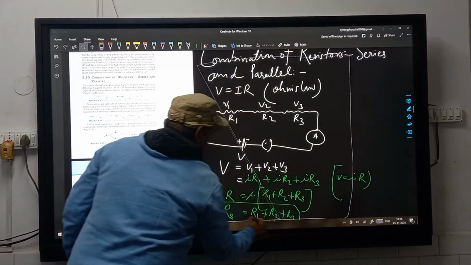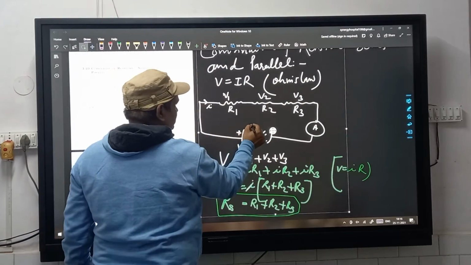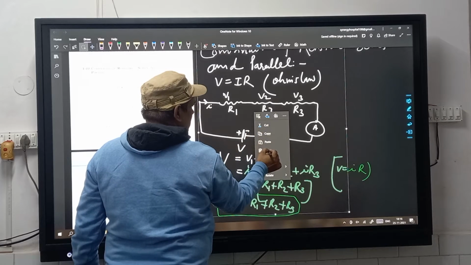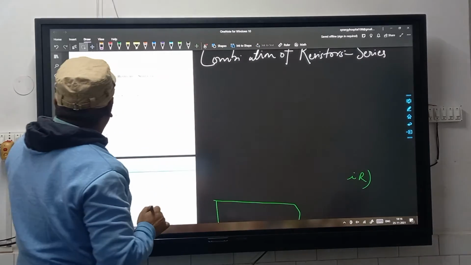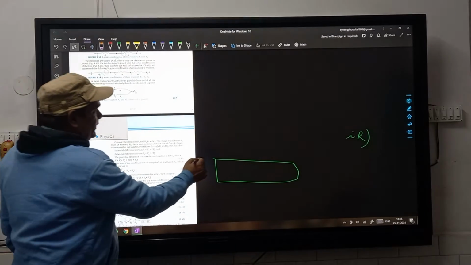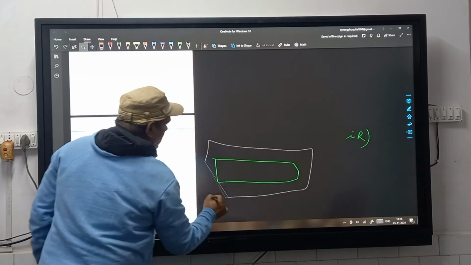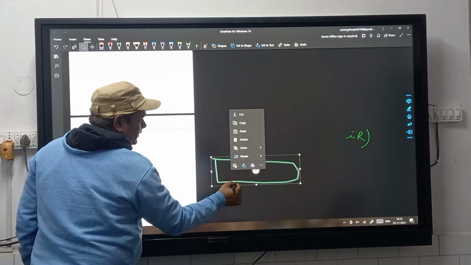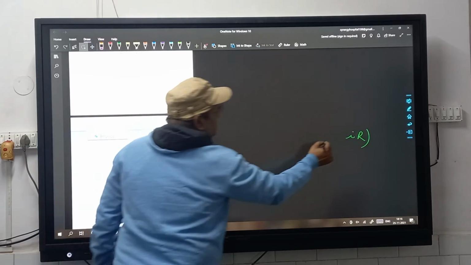Okay, as we know, resistors are said to be connected in parallel as shown in the figure.